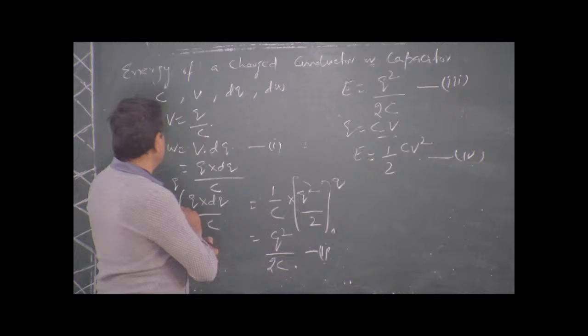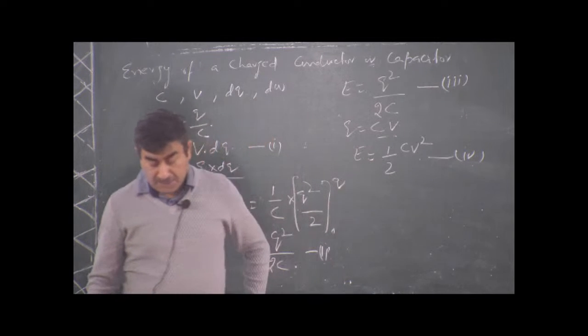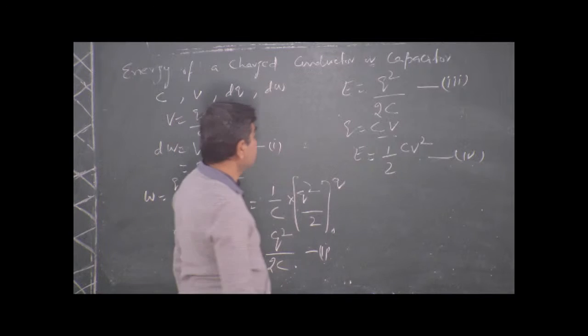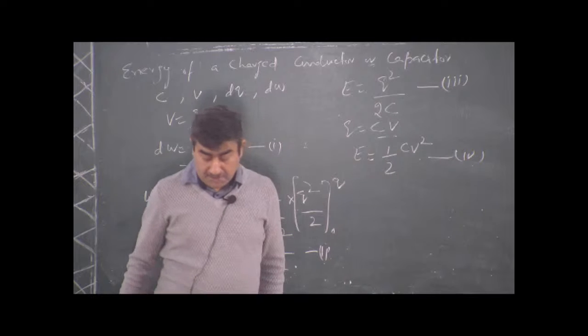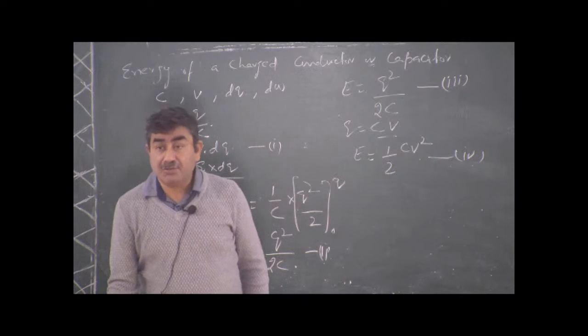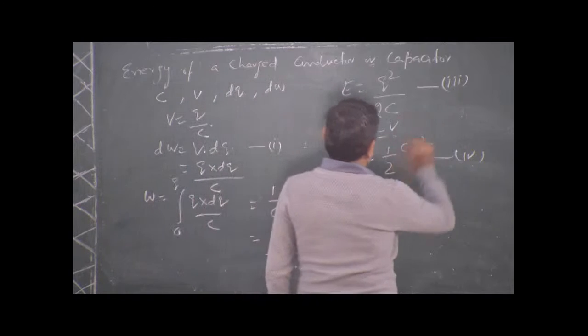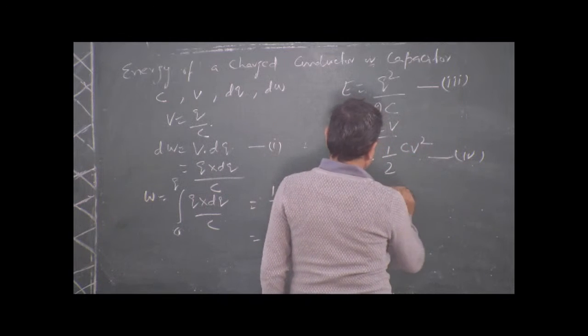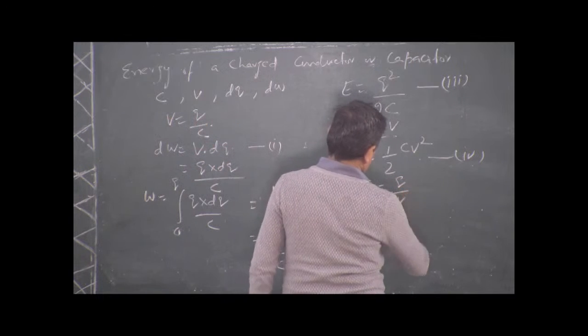Another form will be, C is equal to Q upon V. Just put the value. C is equal to Q upon V. We also know that.